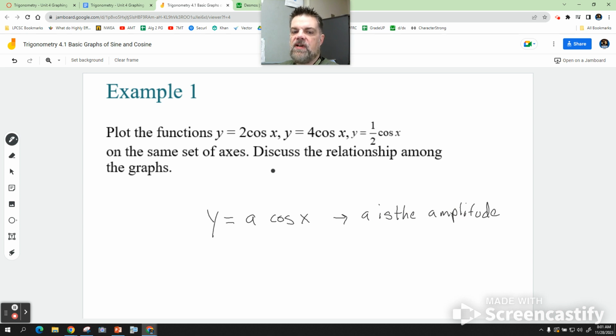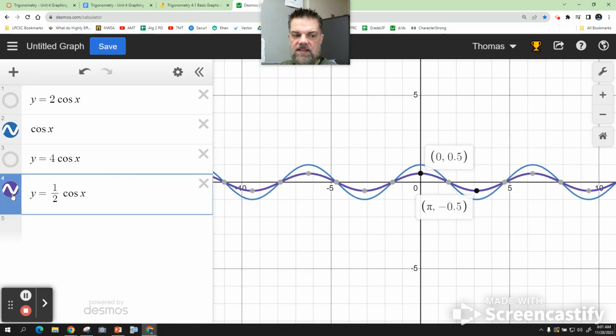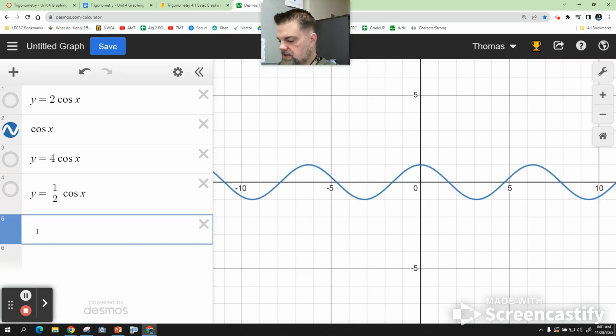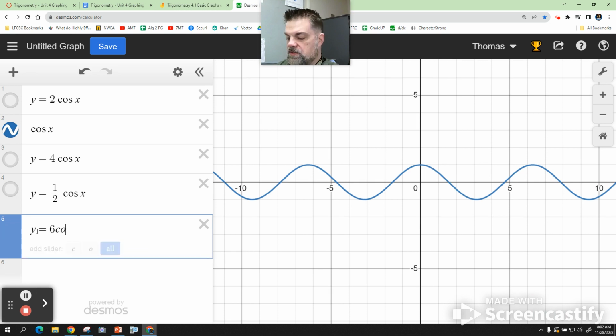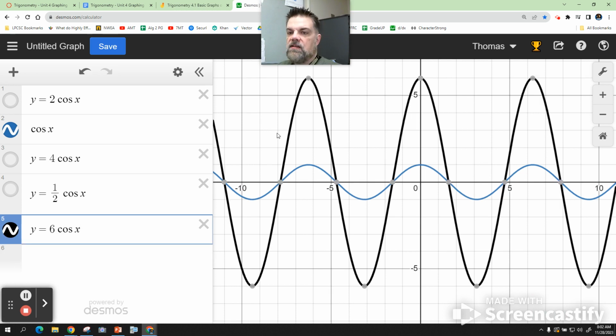So what would happen if I were to say y equals 6 cosine of x? The maximum value will be 6, and consequently, the minimum value will be -6.